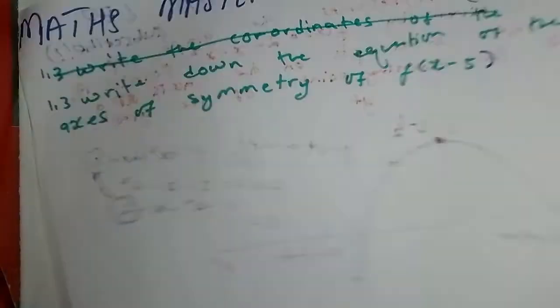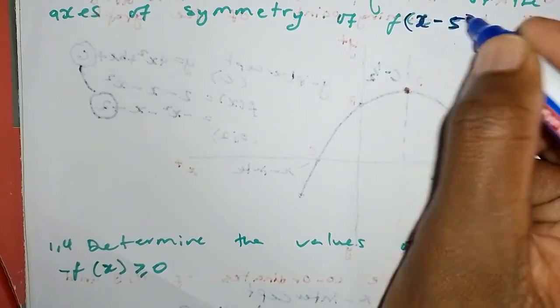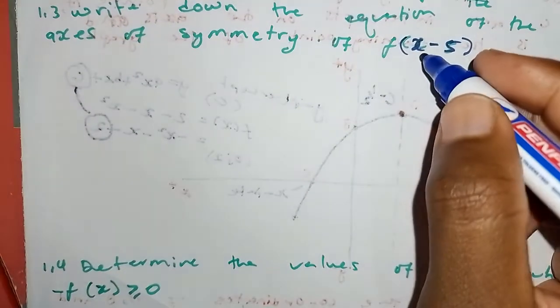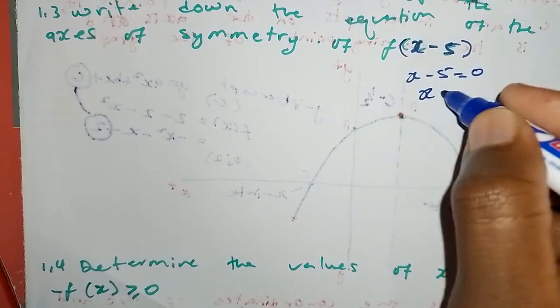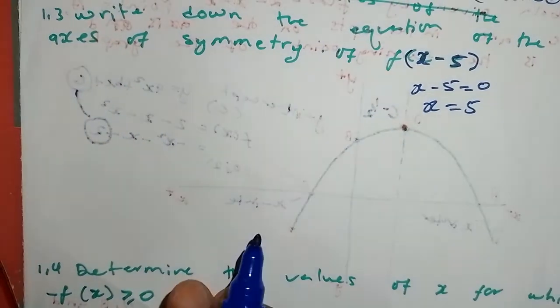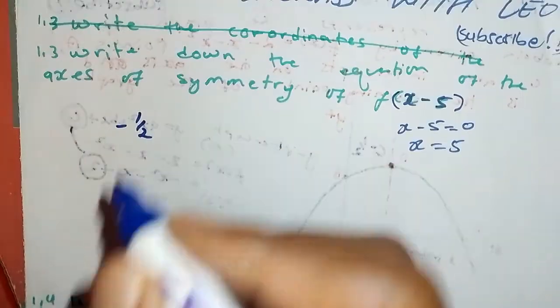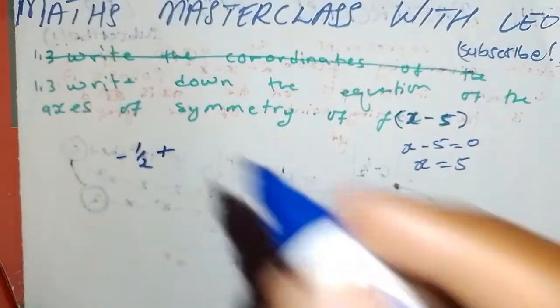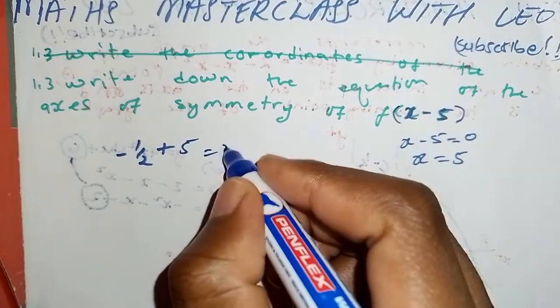Now they say x minus 5, right? We can just say x minus 5 equals 0, then x is equal to 5, and then add this 5 to the axis of symmetry that we got. Originally, we had negative half. We add negative half with 5, you're going to get x.